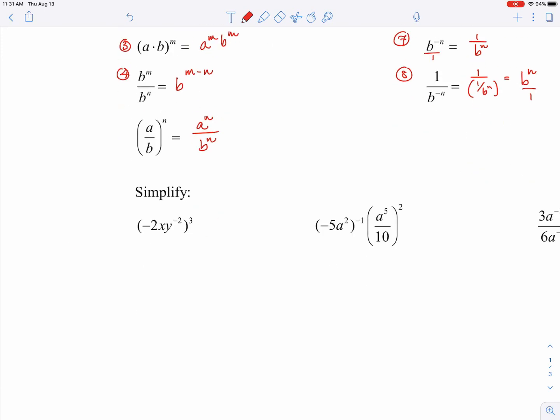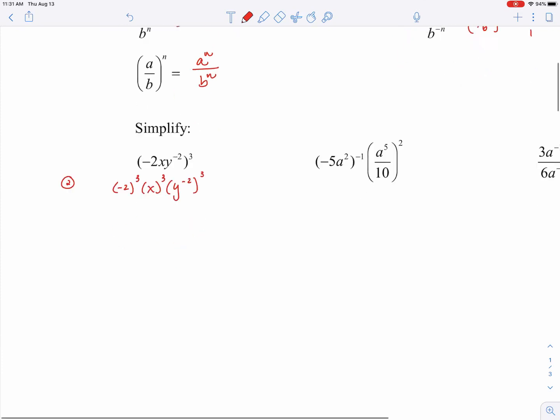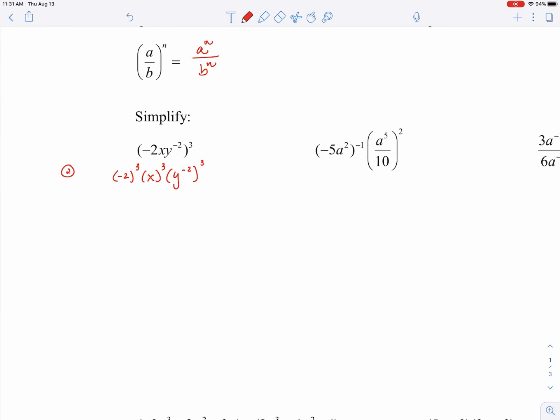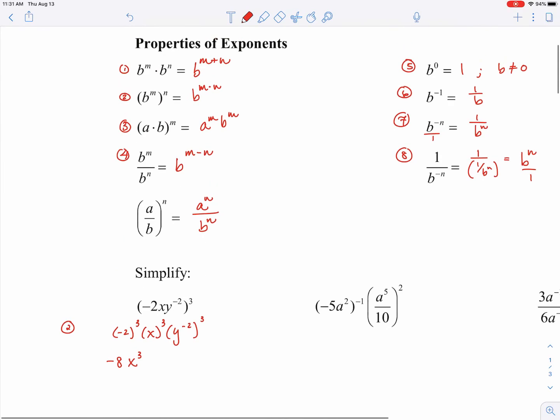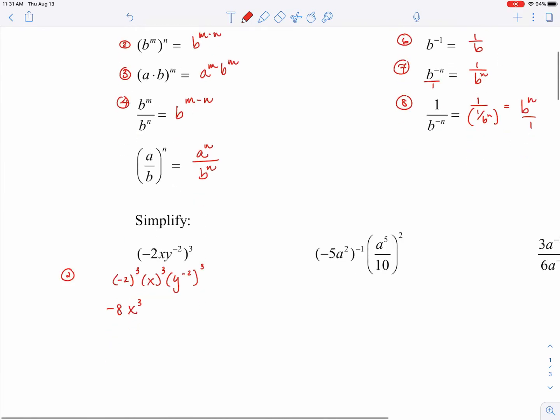Using rule number 2, this is negative 2 cubed times x cubed times y to the negative 2, cubed. Negative 2 cubed, or negative 2 times itself 3 times, is negative 8. This is just x cubed. And then we'll use rule number 2. Oops, sorry. The last rule I used was rule number 3.